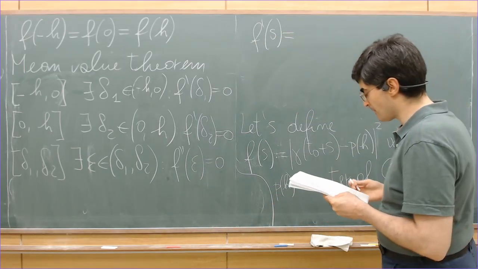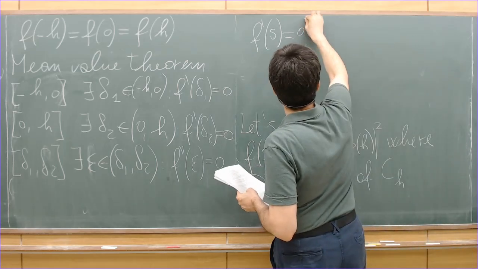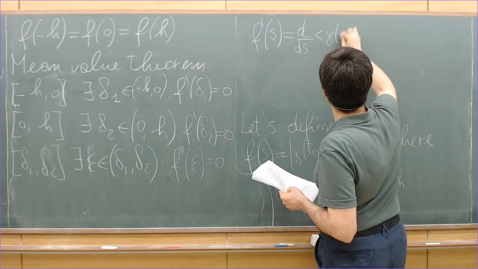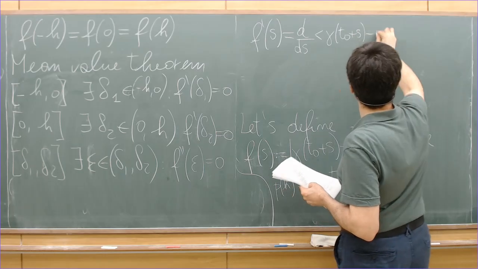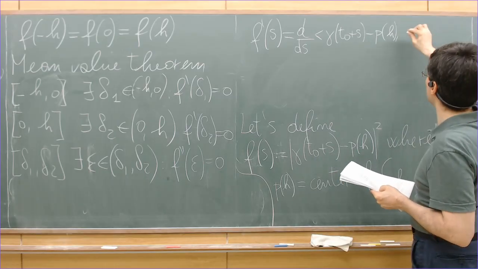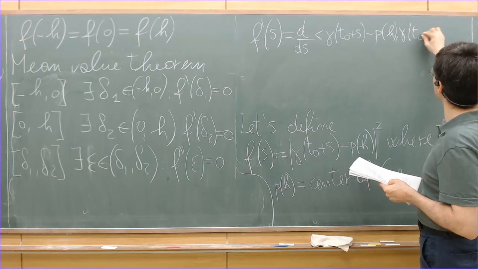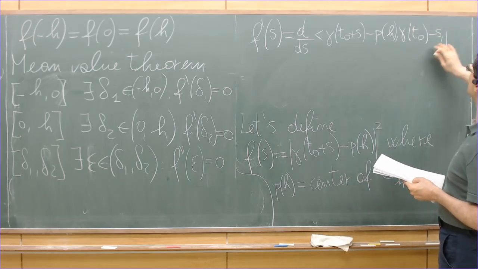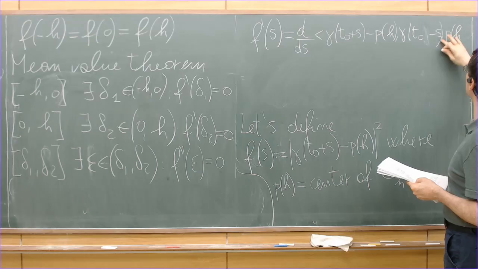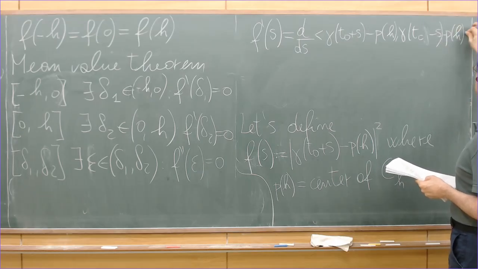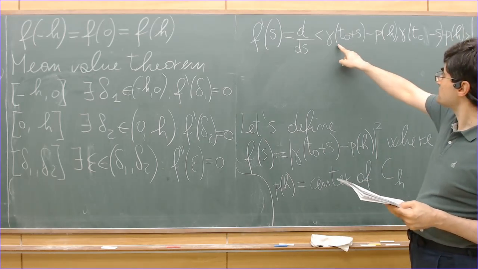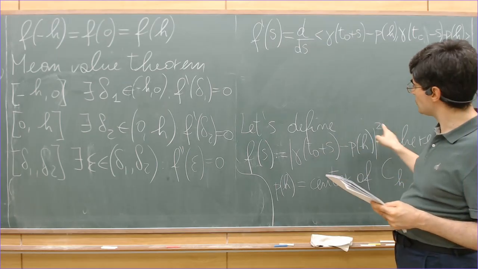It is the derivative with respect to s of the inner product of gamma t0 plus s minus pH with itself, because this inner product is exactly the square of this distance.